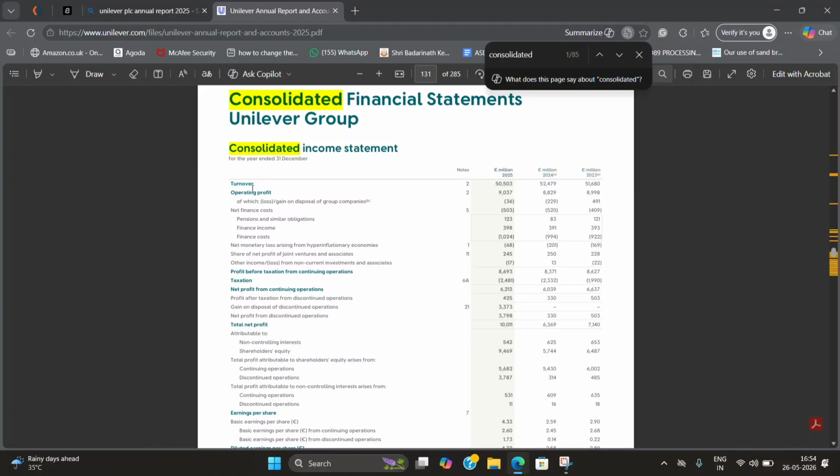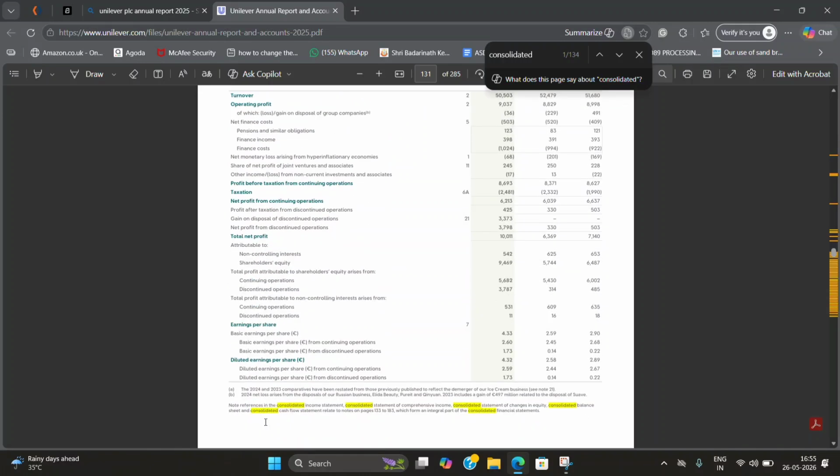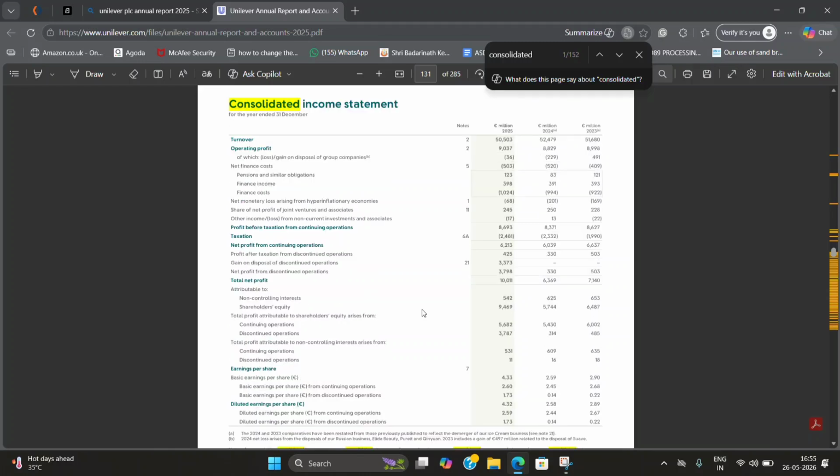You may want to look at values like turnover, operating profit, profit before tax, which is called PBIT for short, or the net profit, and earnings per share, which is very commonly known as EPS. All this basic and most significant information that we use in our financial analysis can be found in the income statement of an organization. So you have to search for the consolidated income statement in case you are looking for values directly relevant to the income and expenses of an organization.